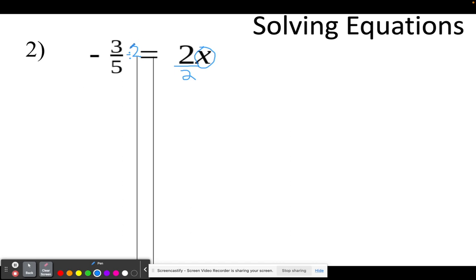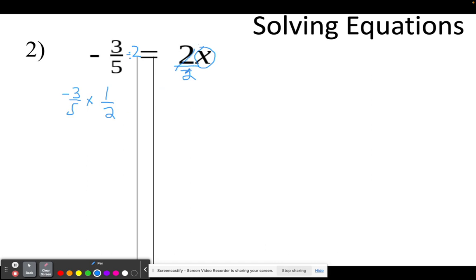Well, we remember fraction division. We keep, switch, and flip. 2, or 2 over 1, becomes 1 over 2. This cancels out.